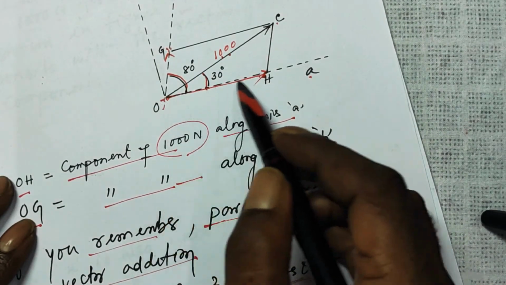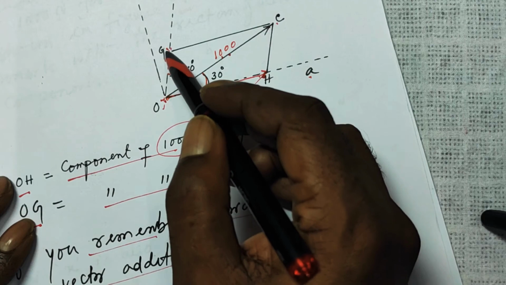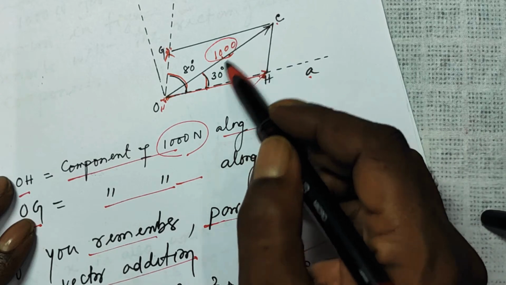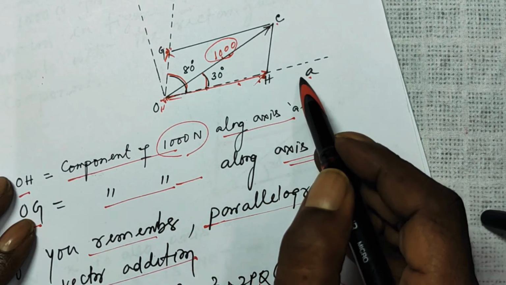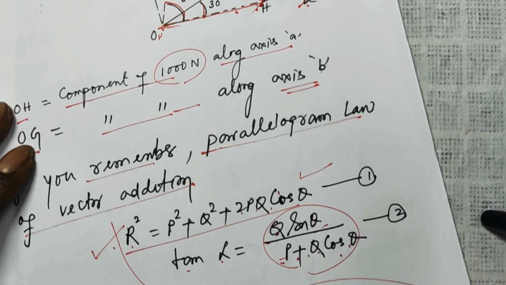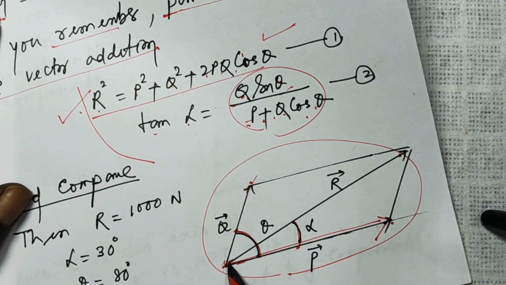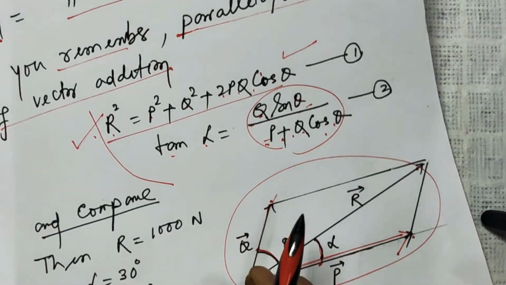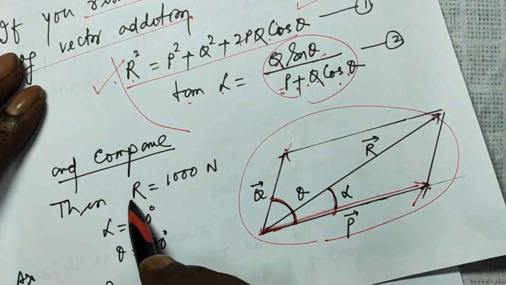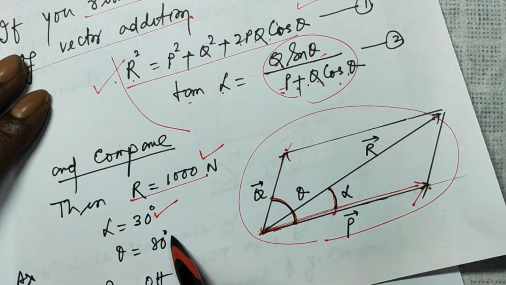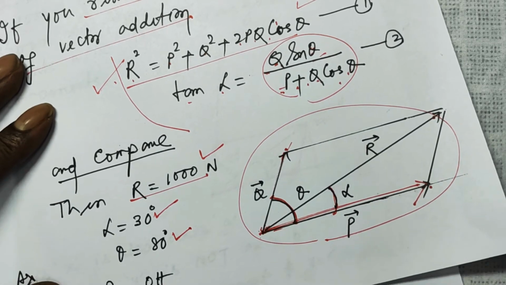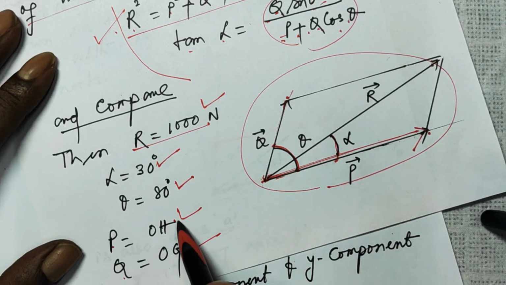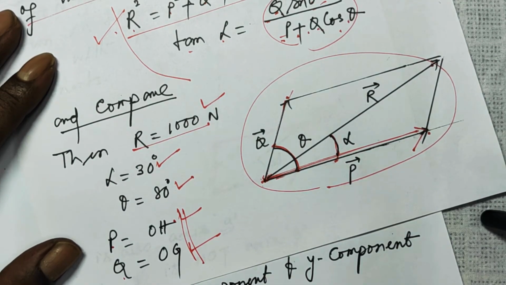You have to find OH and you have to find OG. Those are the two components of this 1000 Newton force along axis A and axis B. That is the same as saying you have to find P and Q. So by comparing, R is 1000 Newton given, alpha is 30 degree, theta is 80 degree, P is your OH, and Q is equal to your OG, and these two are to be found, right?